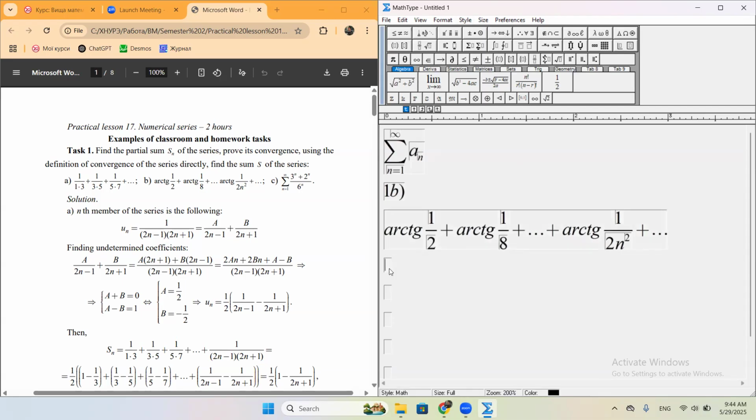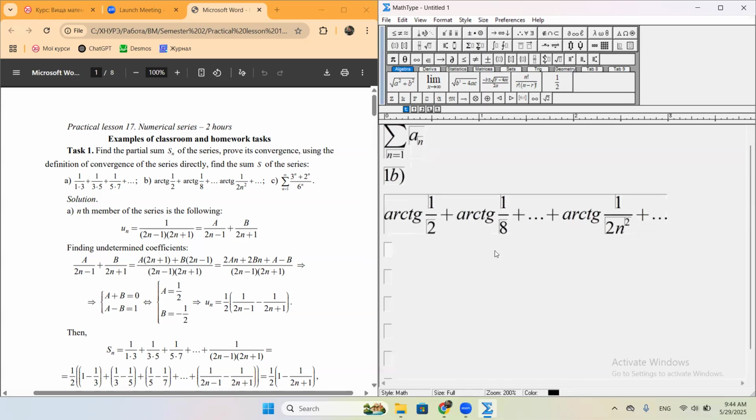So how to calculate the sum of such a series? Let's try the method of mathematical induction.